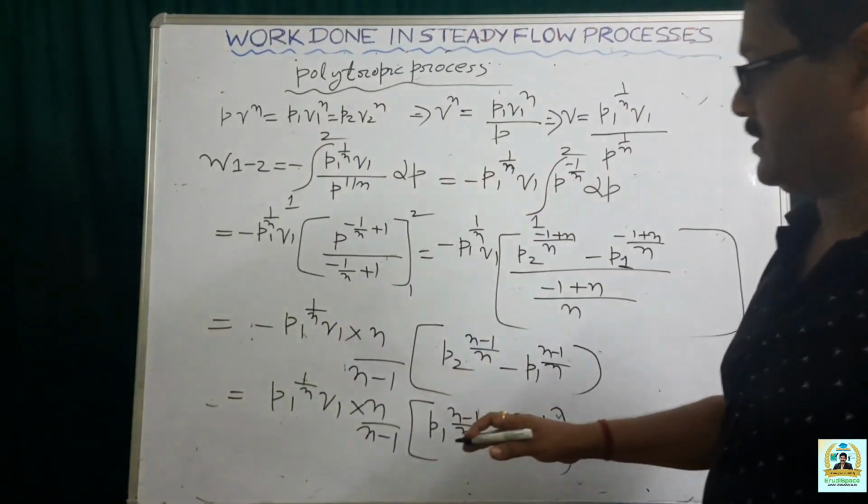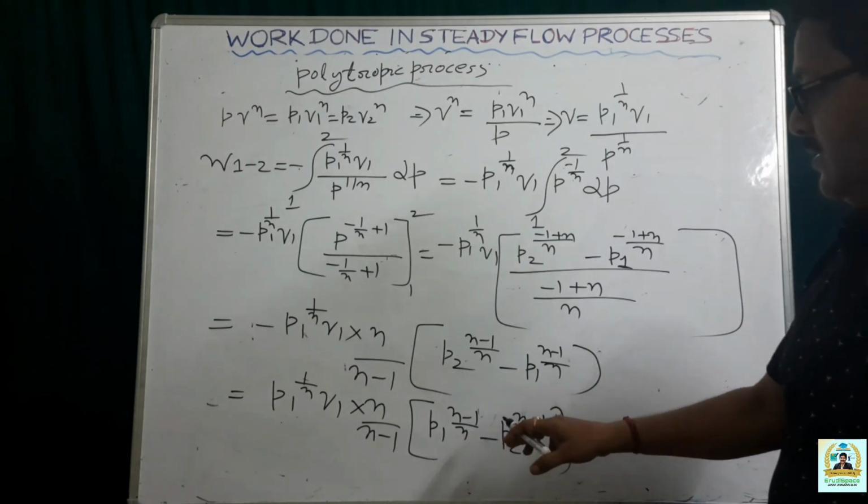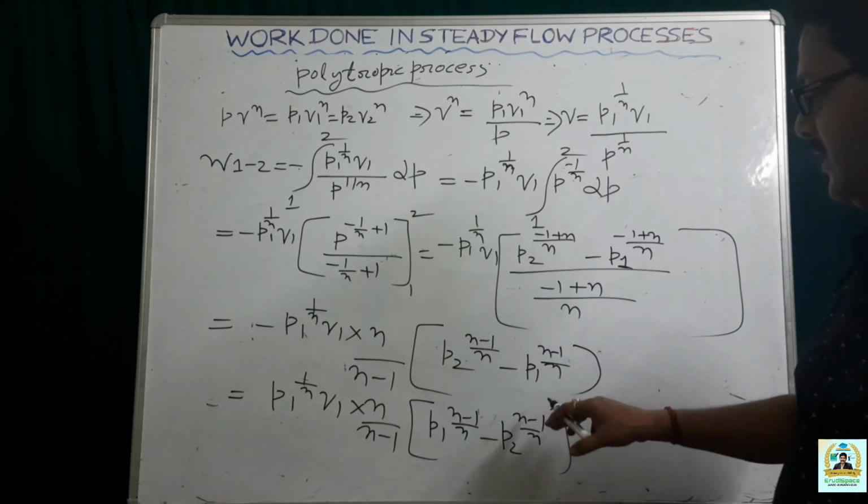Actually the minus sign which was there is multiplied, so this becomes P1 to the power n minus 1 by n minus P2 to the power n minus 1 by n.